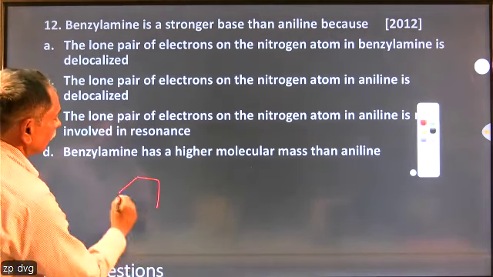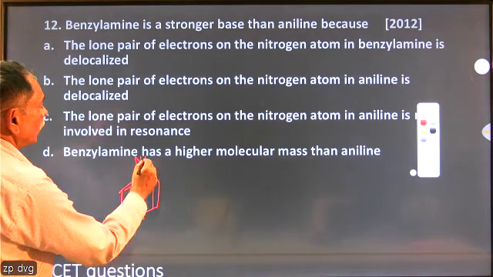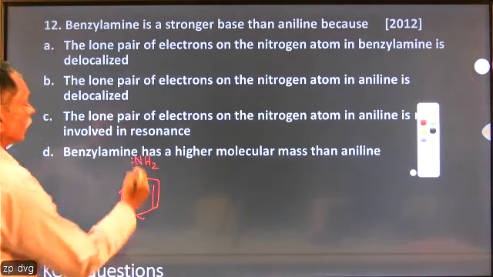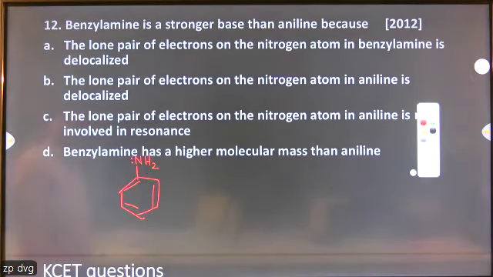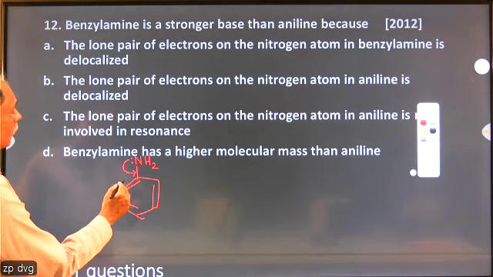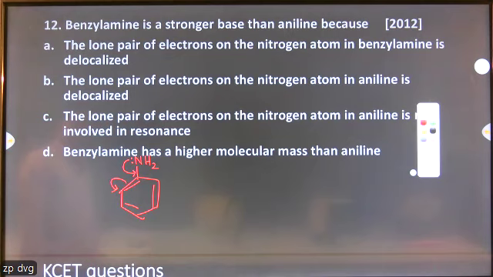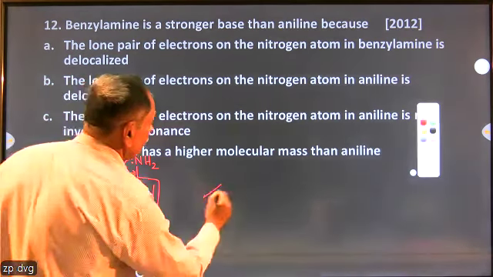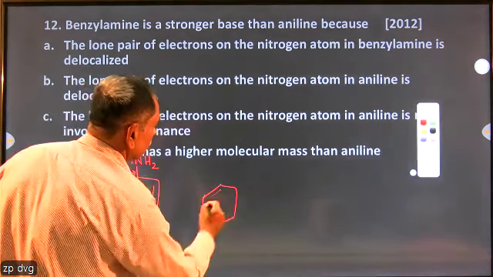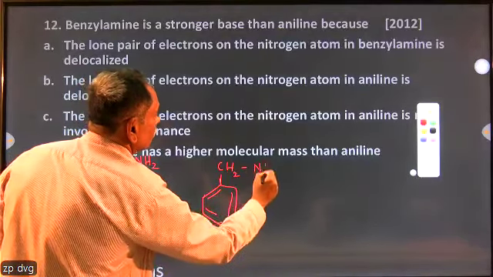Now, if you see aniline, the nitrogen atom in aniline contains a lone pair of electrons. In aniline, this lone pair of electrons is delocalized, so it is in resonance with the benzene ring. Whereas in case of benzylamine, there is no such resonance.